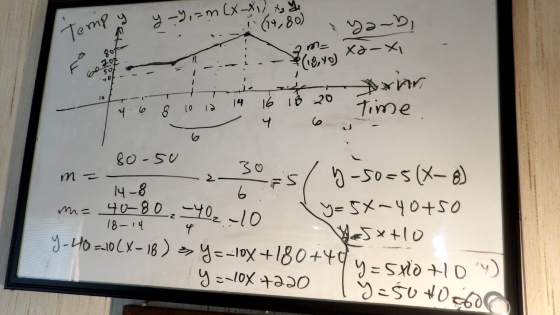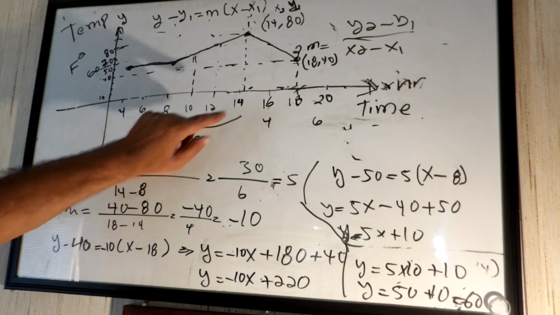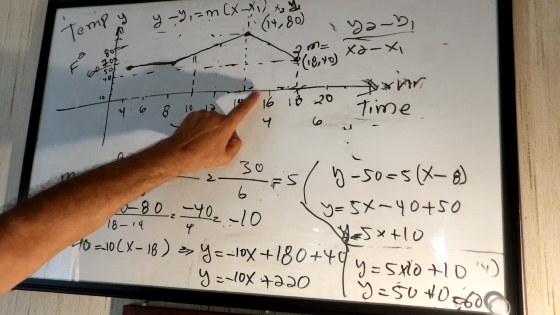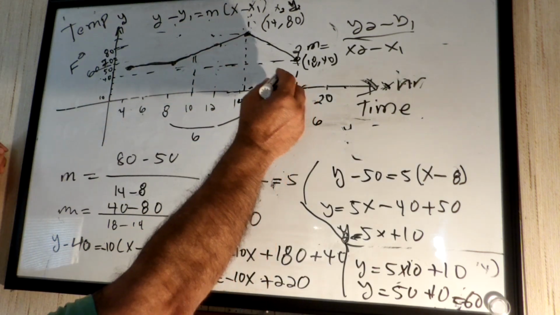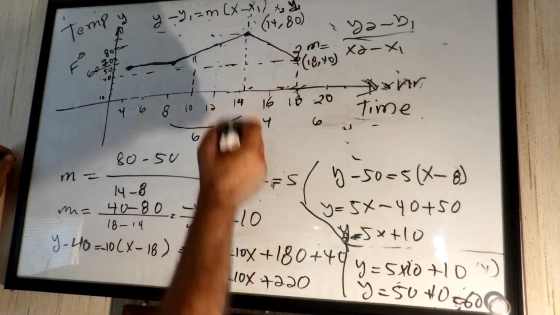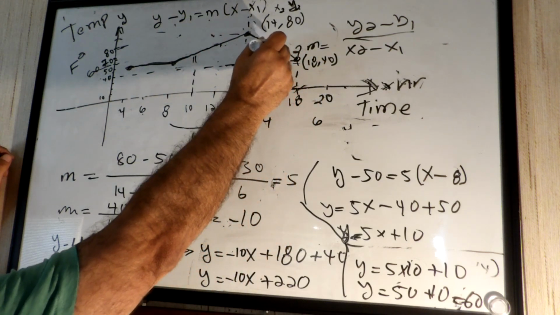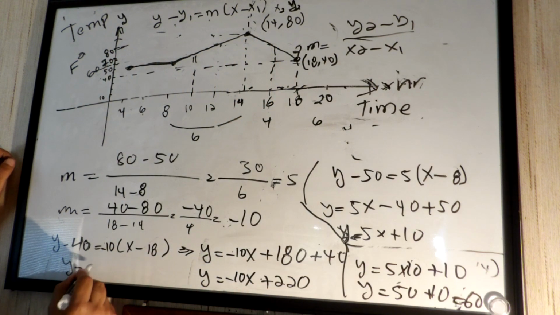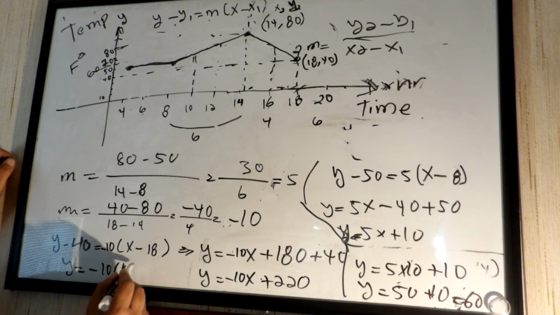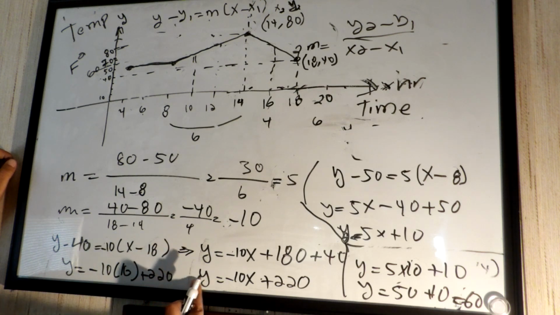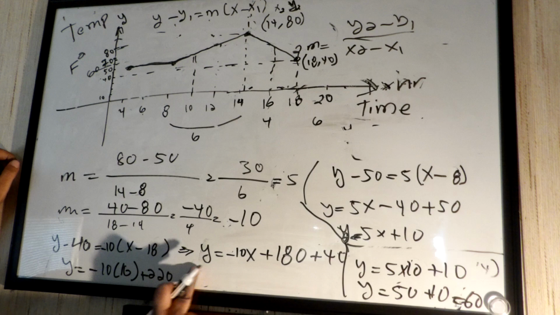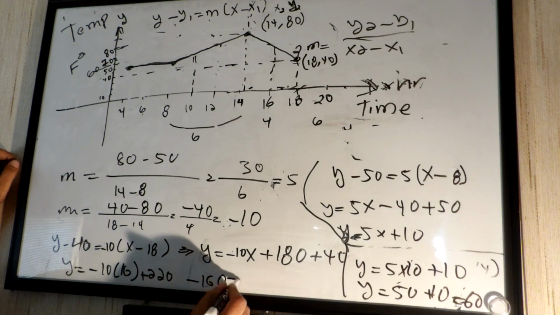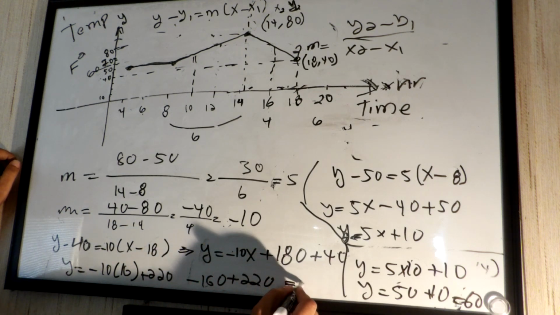Okay, so if you want something here at 16, it's going to be somewhere in the middle here, probably 60. So what's going to be, see, y is equal to minus 10 times 16 plus 220. Minus 160 plus 220 is going to be plus 60.